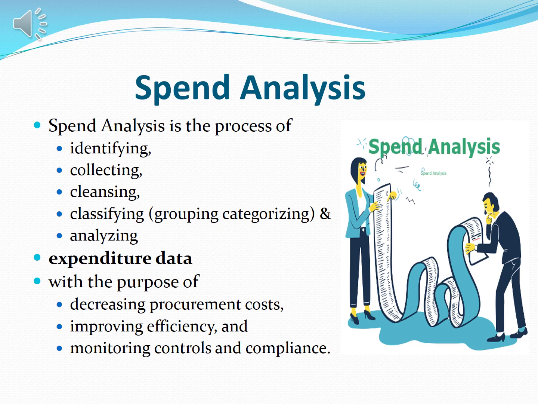So we identify the data, collect the data, clean it, then classify and analyze it, keeping in mind the objective is to decrease the procurement cost, improve the efficiency and monitor the control and the compliances in our spending and in our purchase.